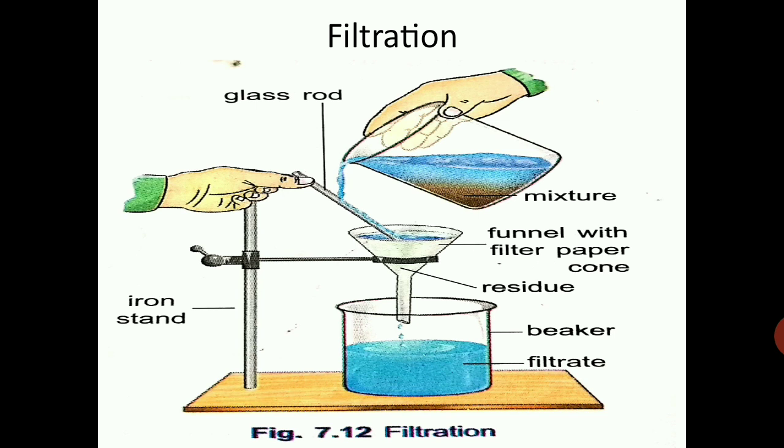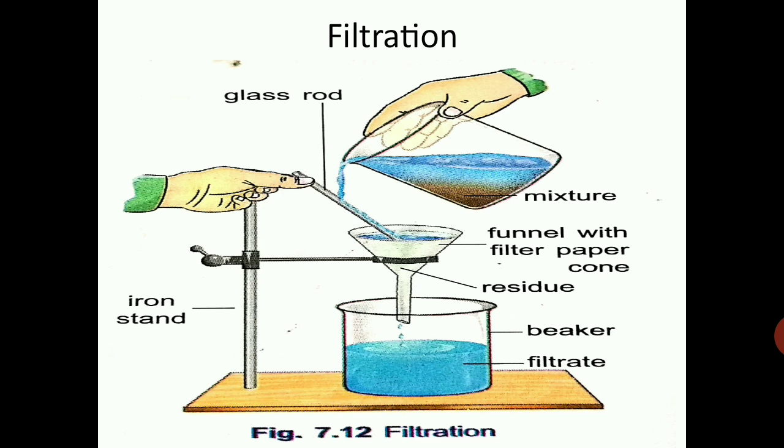Now the mixture is poured on the filter paper. The solid particles in the mixture do not pass through it and remain on the filter. So filtration is the process by which an insoluble solid and a liquid are separated by passing the mixture through a filter.